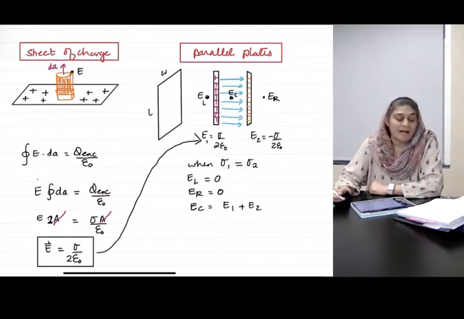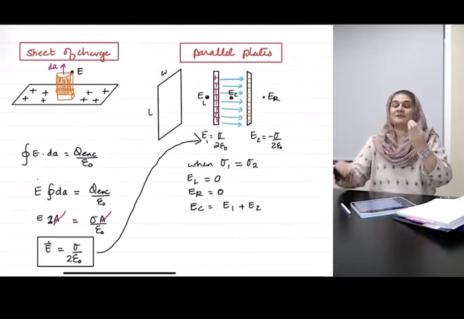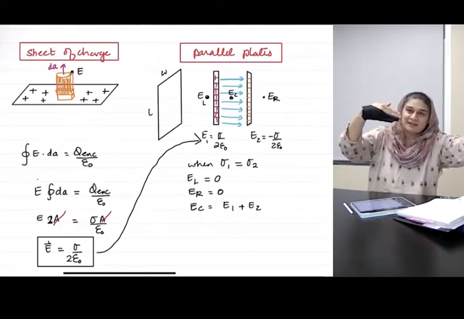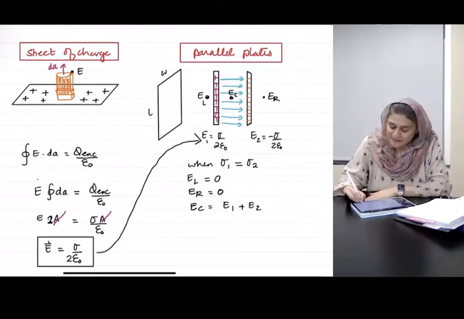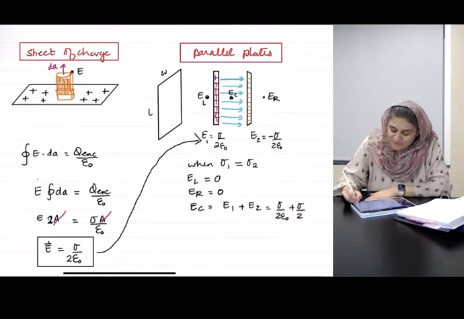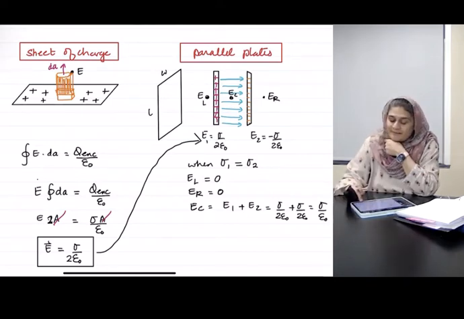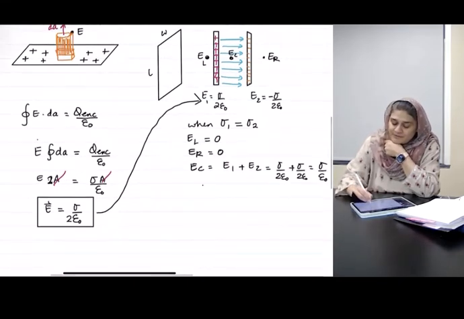Note, I'm talking about their magnitudes, so I'm going to ignore the plus and the minus. Even if I don't, the plus field is going this way and the minus is also going this way. So sigma over 2 epsilon naught plus sigma over 2 epsilon naught gives you sigma over epsilon naught. So EC will just be sigma over epsilon naught.